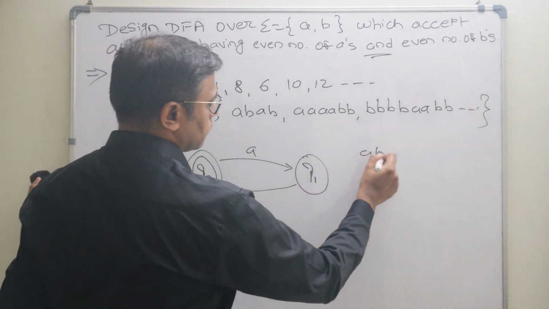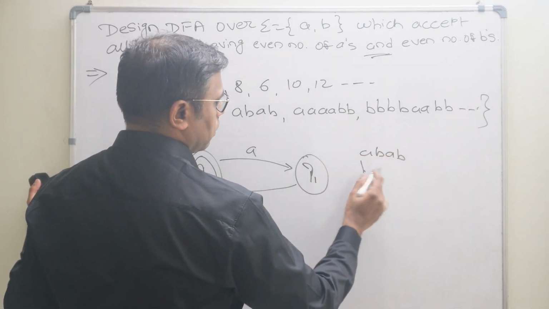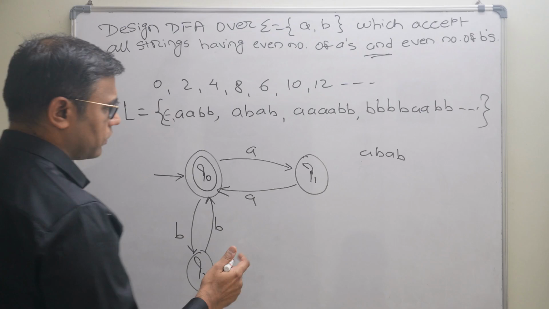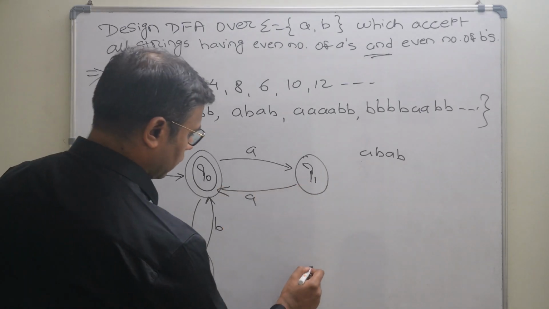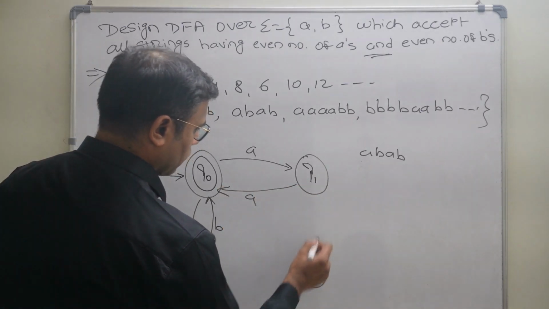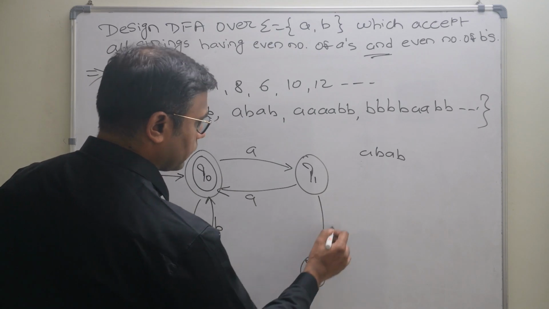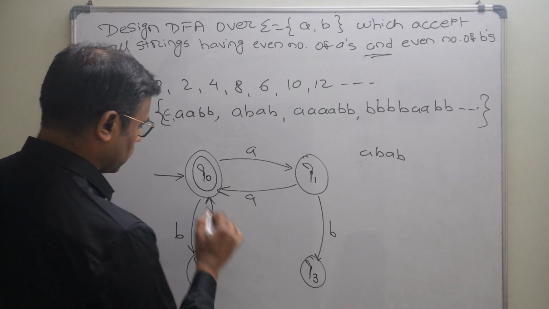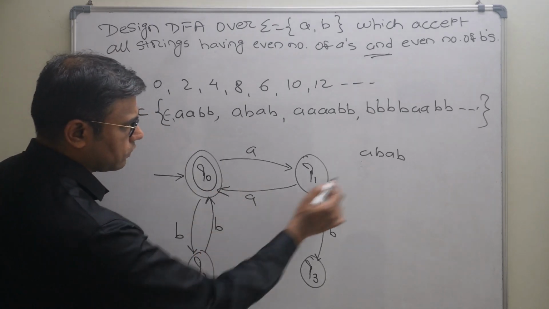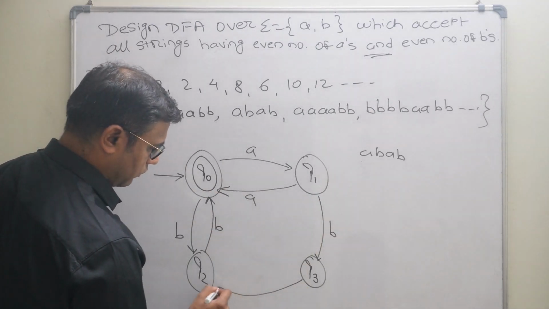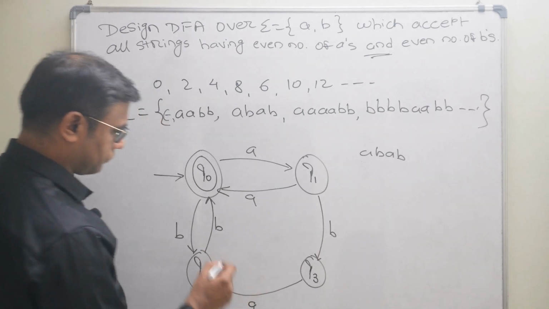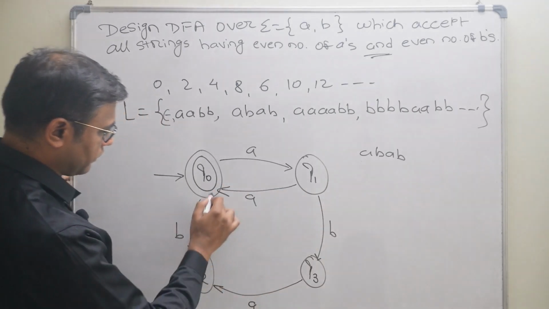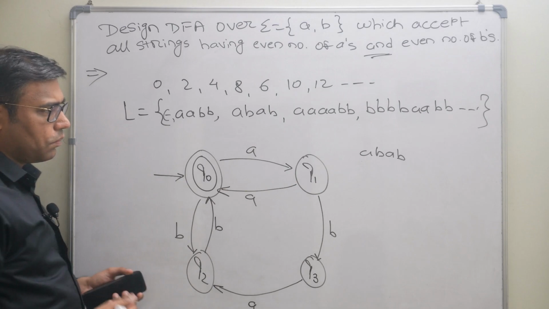Now if the string is ab, let us see for ab first. So a, then I will take one more state here, then I will write here b. Then there is one more a, we have to reach here, and there is a path for b. So I will write here ab, the cycle is complete, we reach the final state.